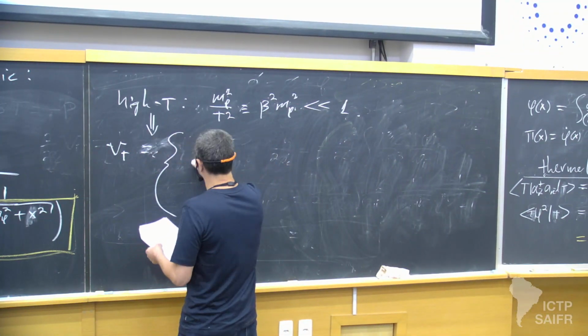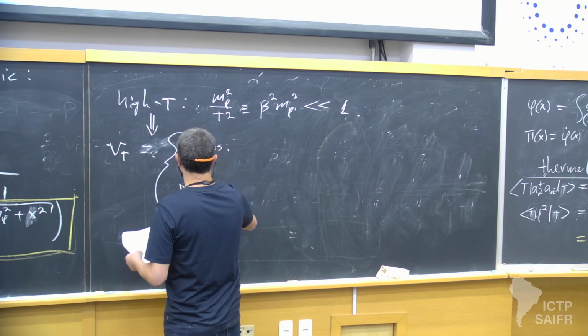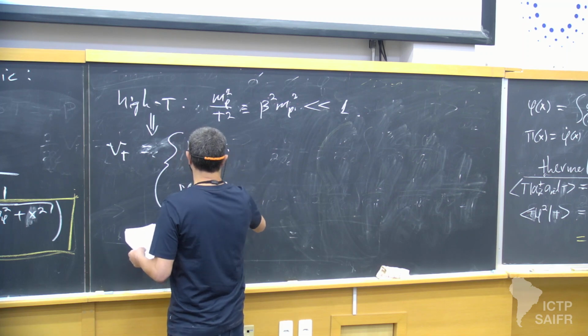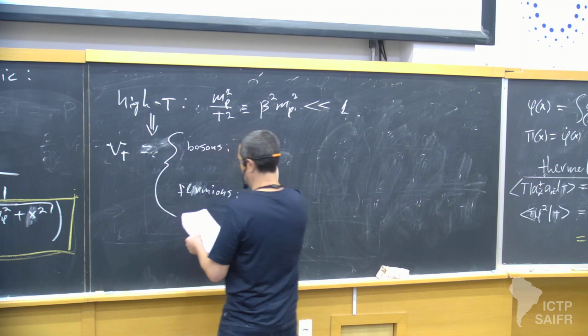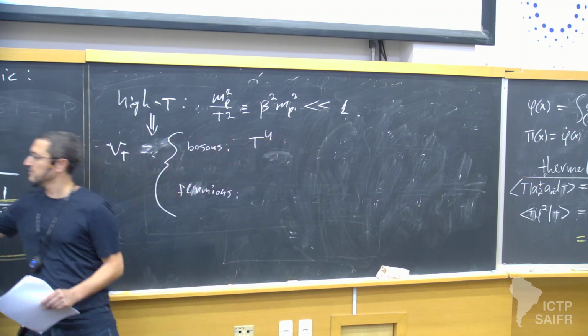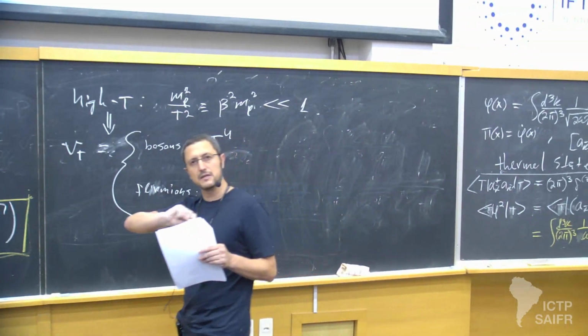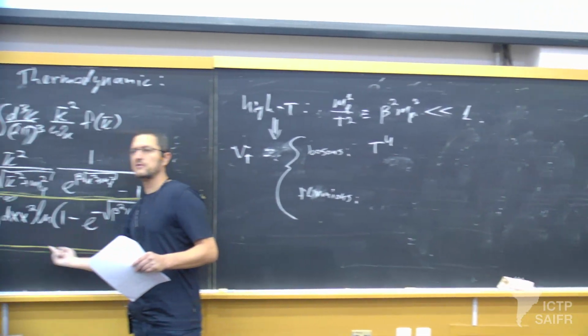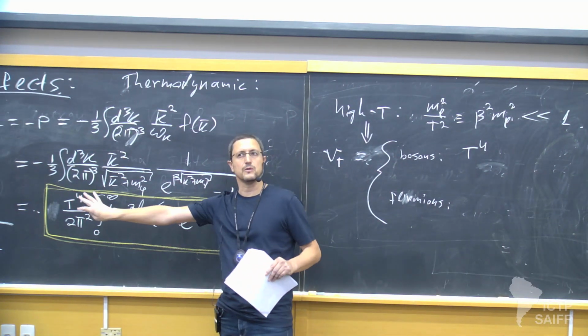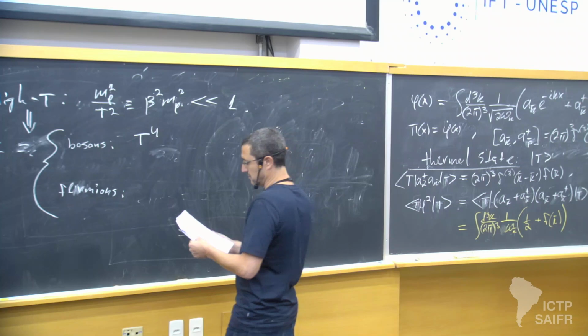So the answer is, for bosons and for fermions, that this V_T looks like T to the 4 anyway. You see there is the T to the 4 in front, which is also nice and cute, because when you take the limit T goes to 0, you can verify that this thing is not singular. It goes to 0 when T goes to 0, as it should be.